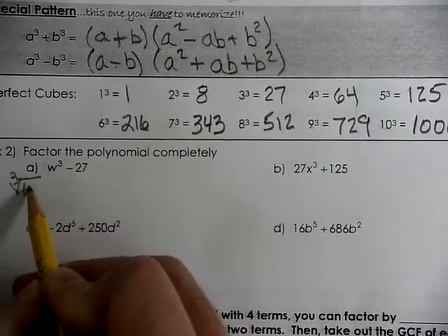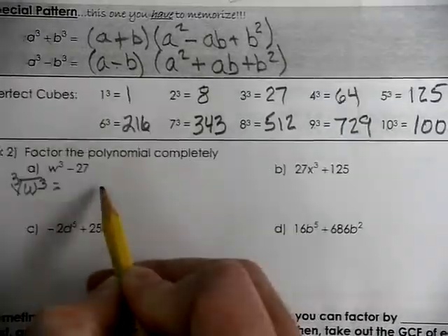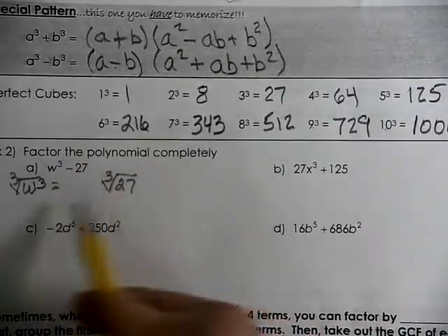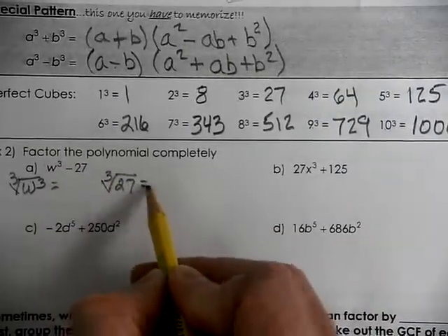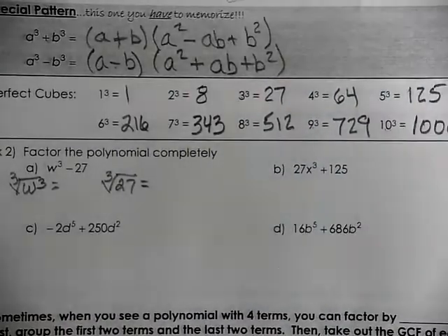We're taking the cube root of w cubed. We're taking the cube root of 27. You probably won't write this when you're doing your regular work. You'll at least think it. You are welcome to write it.